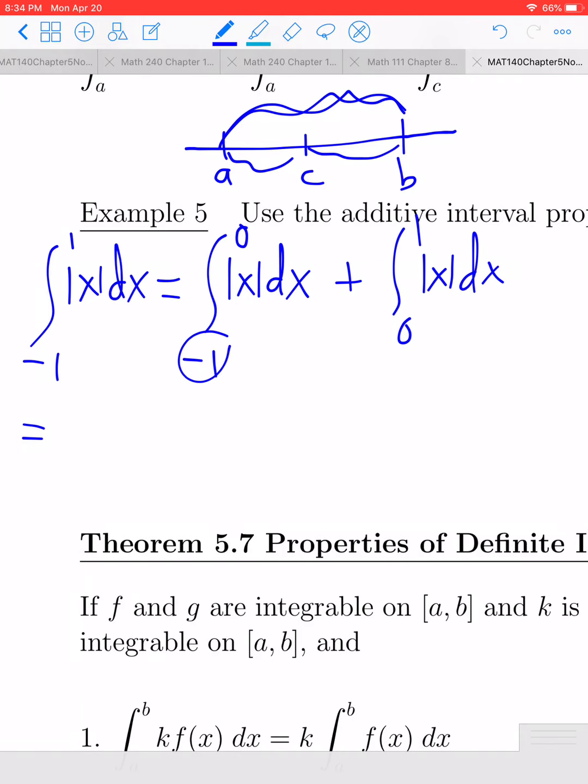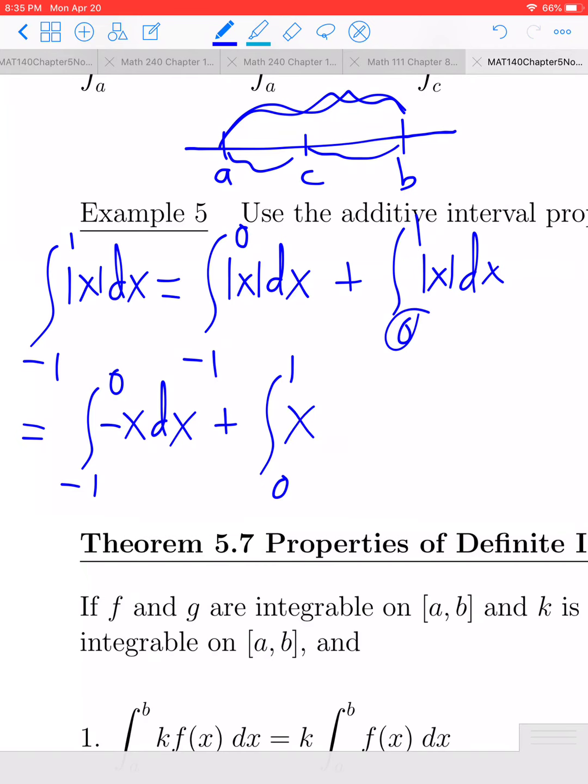On the interval -1 to 0, the absolute value of x is equal to -x, plus on the interval from 0 to 1, the absolute value of x has the expression x. So we're able to split it apart like this.